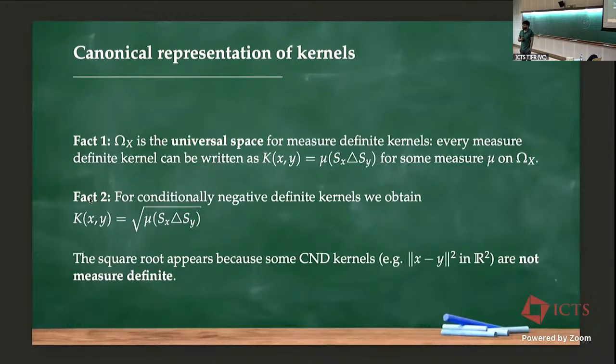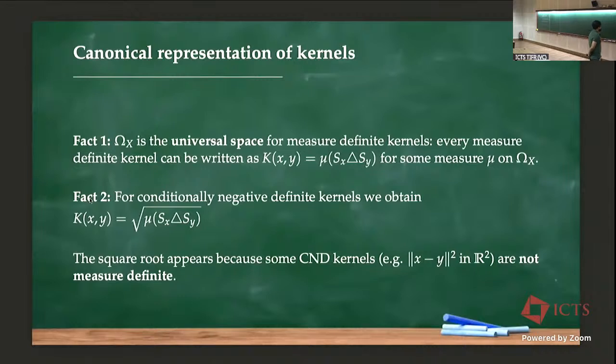The space is going to be omega of X. For any measure definite kernel, omega of X is the canonical space, and there will be a measure mu such that, by definition, k of x and y can be written as the mu measure of the symmetric difference. The lemma says that the space you are going to see canonically is omega of X. So those are the canonical walls.